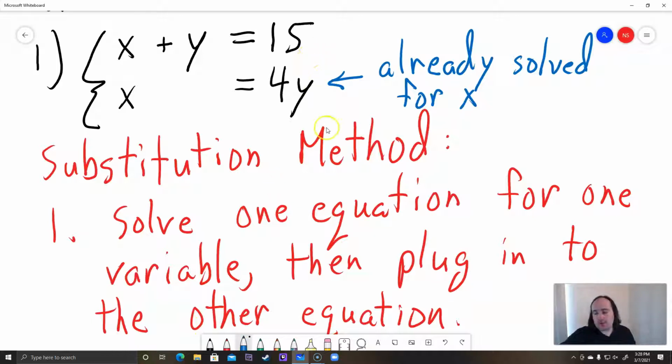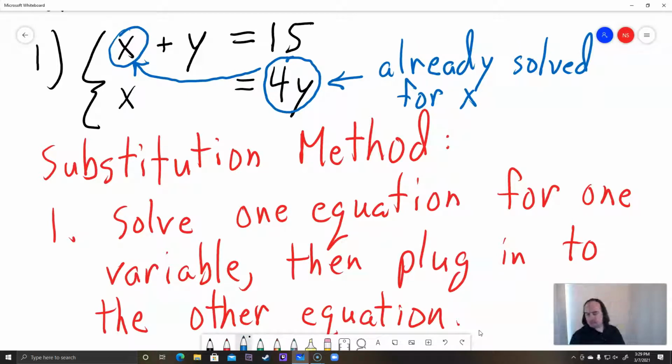So what do I mean by plug in? Well, we have x equals 4y, and I have to plug that into the other equation. You can't plug it into the same equation because stuff will not work out. You'll get nonsense. So you have to plug it in to the other equation. I take 4y and plug that in for x in the other equation.